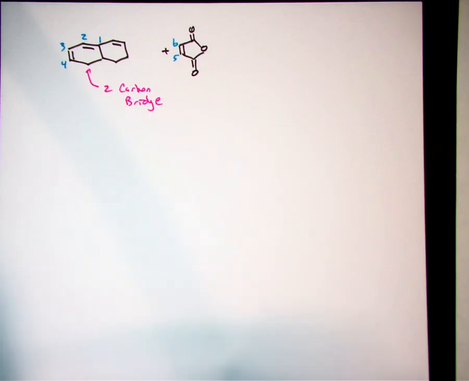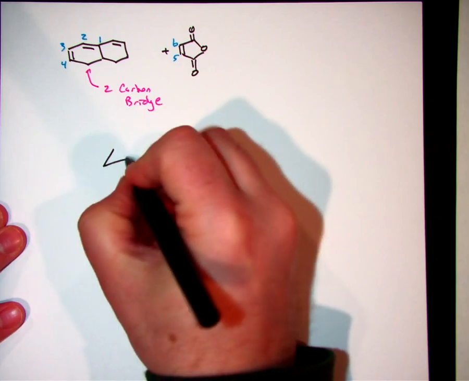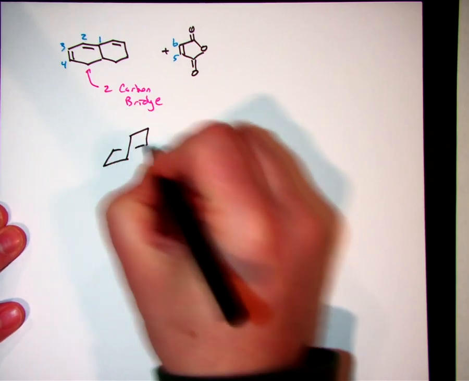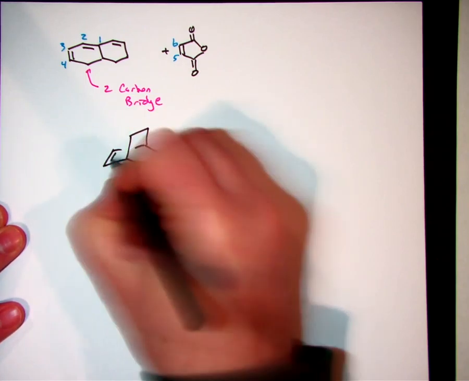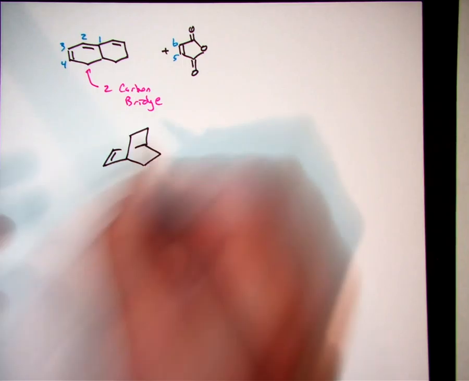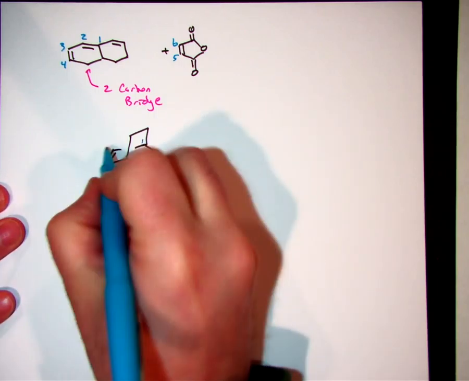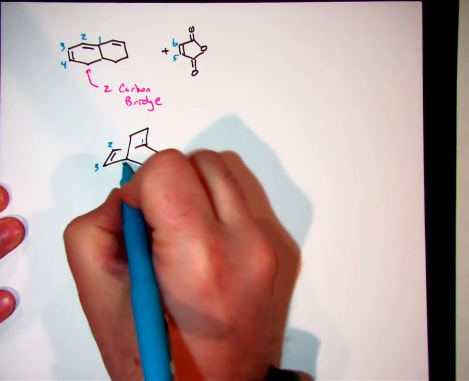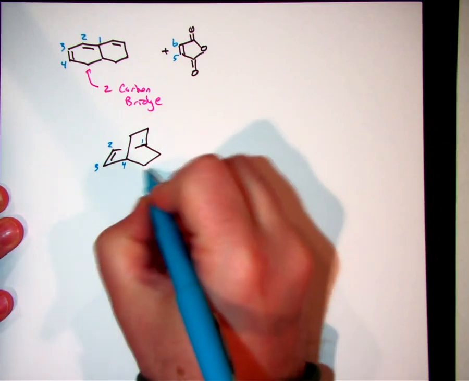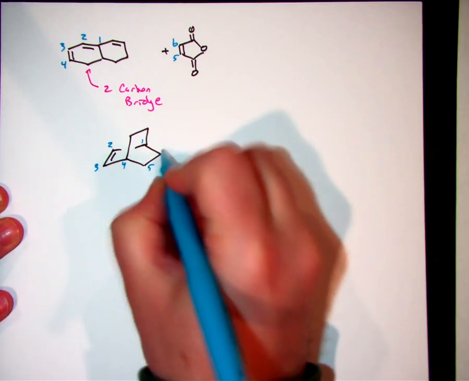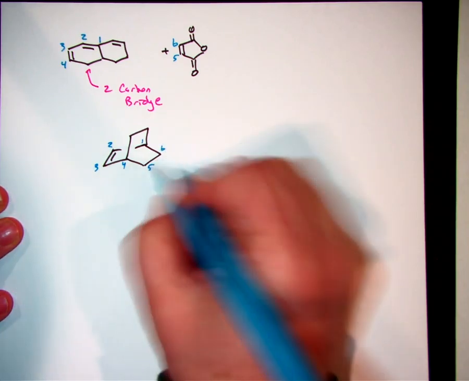So for this particular reaction, this is the type of bicyclic system that we're going to have. And I'm going to go ahead and number my atoms around this ring so you can tell where they all come from. This is 1, 2, 3, and 4. So this is going to be carbon 5 and carbon 6 on the other end.